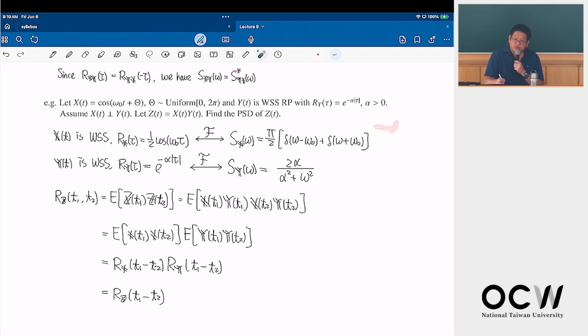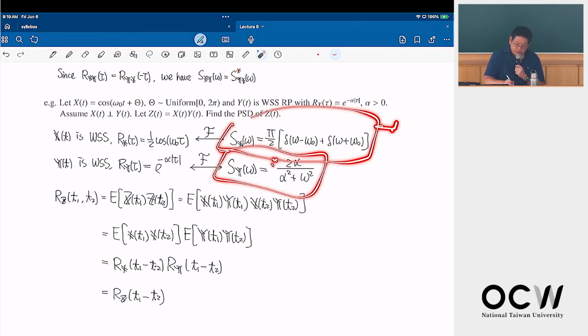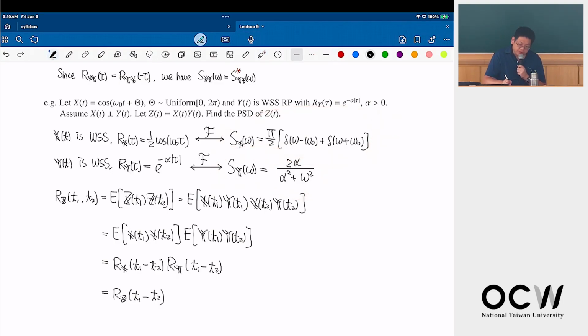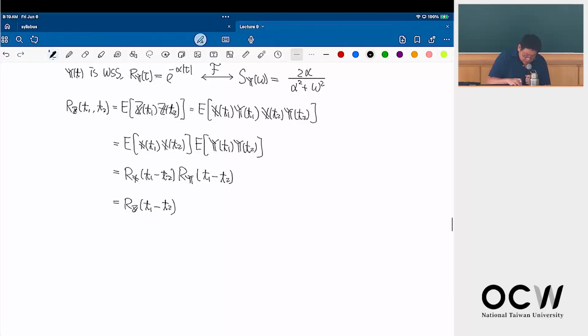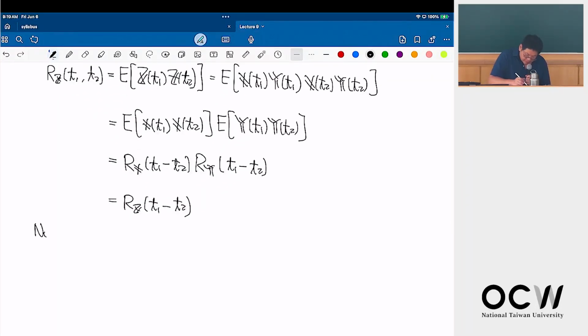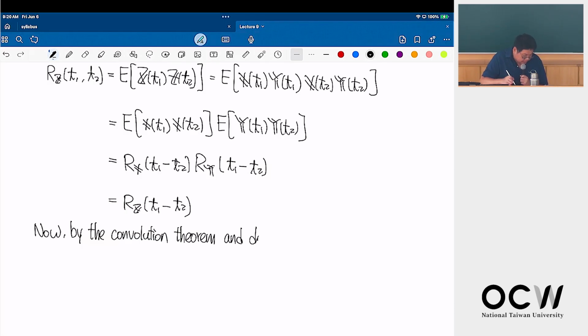So we have these two power spectrums, and we can do the convolution to get the power spectrum, by the convolution theory and duality of the Fourier transform.